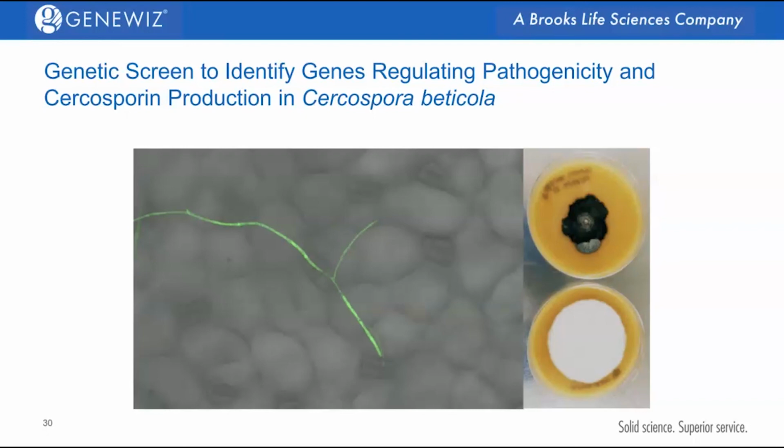So the genetic screen that I did for my PhD looking at cercosporin production, I did a similar study, a genetic screen in Cercospora beticola, to identify genes that were regulating pathogenicity. On the left, you can see the Cercospora beticola GFP strain on a leaf surface, and you can see the stomata. On the right are some of the strains that were identified in this screen.